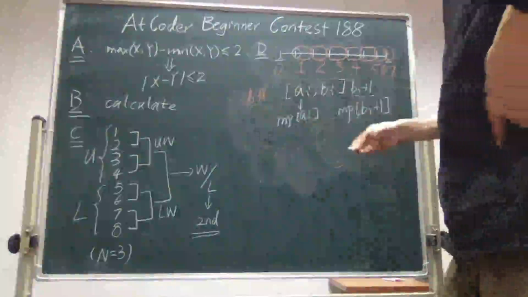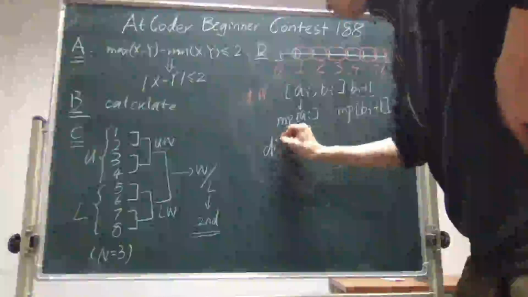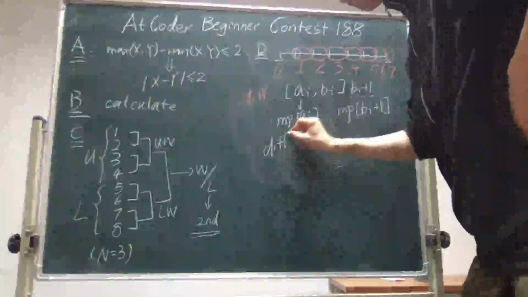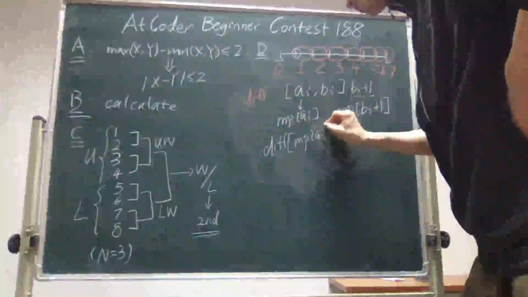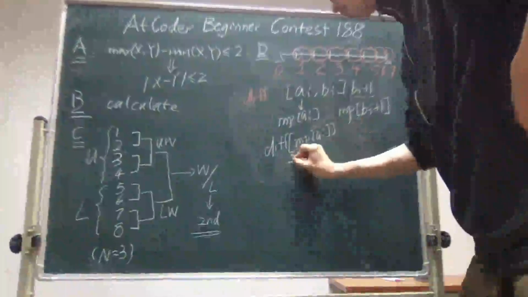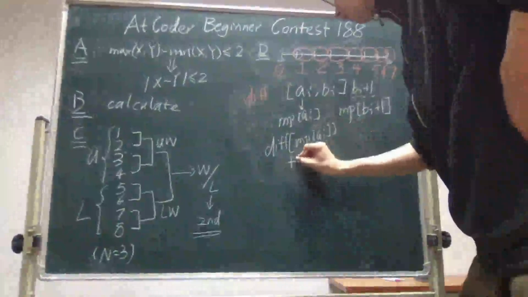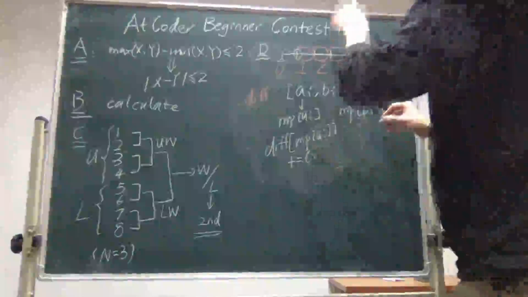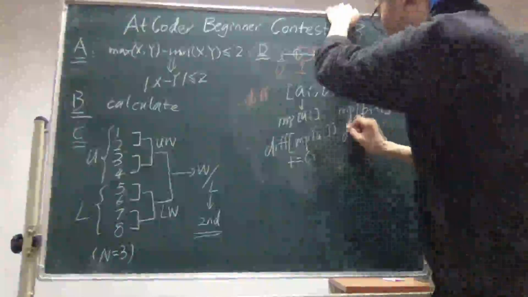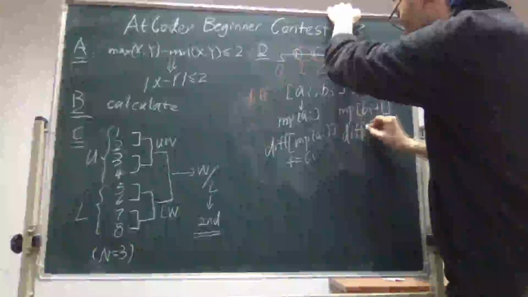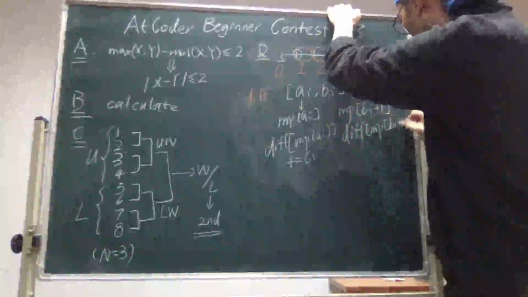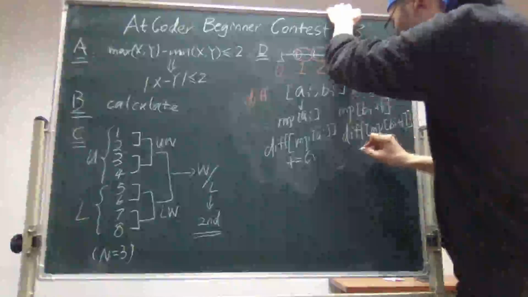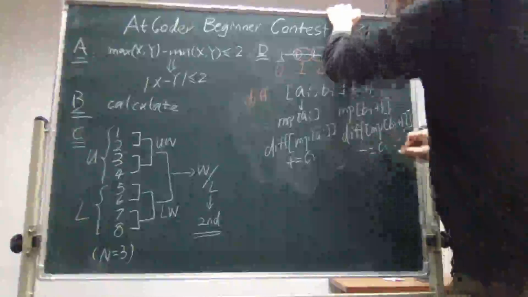Then we will add CI to diff NP AI, while we subtract CI from diff NP BI plus 1.